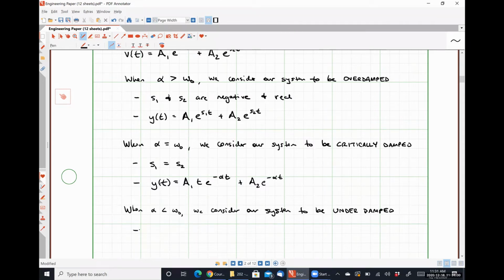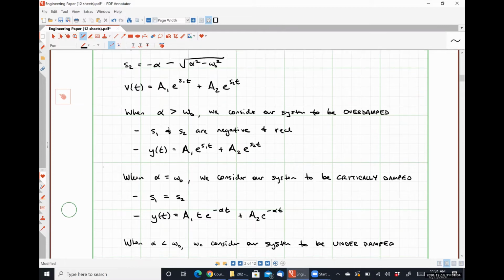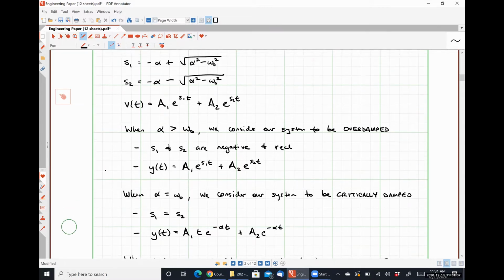So let me scroll back here a little bit. If alpha is less than omega naught, what happens to the bit under our radical here in our definition for S1 and S2? Yeah, so we have the square root of a negative number, which means we're going to have some real part plus some imaginary part.